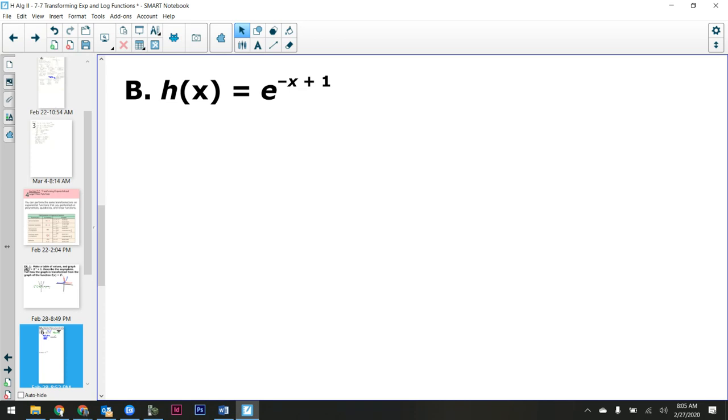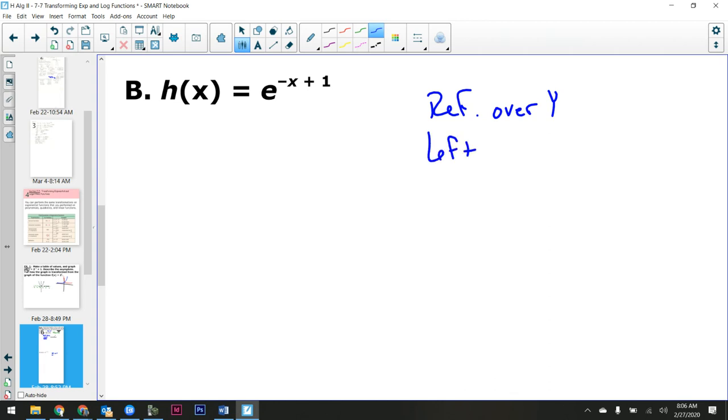You know, actually, this one is a little interesting. Because what do we think is going to happen? What's the negative? Reflect over the y. And then the plus one should be doing what? Left one, right? But what order? Do I reflect it, then move it left, or do I move it left, then reflect it?